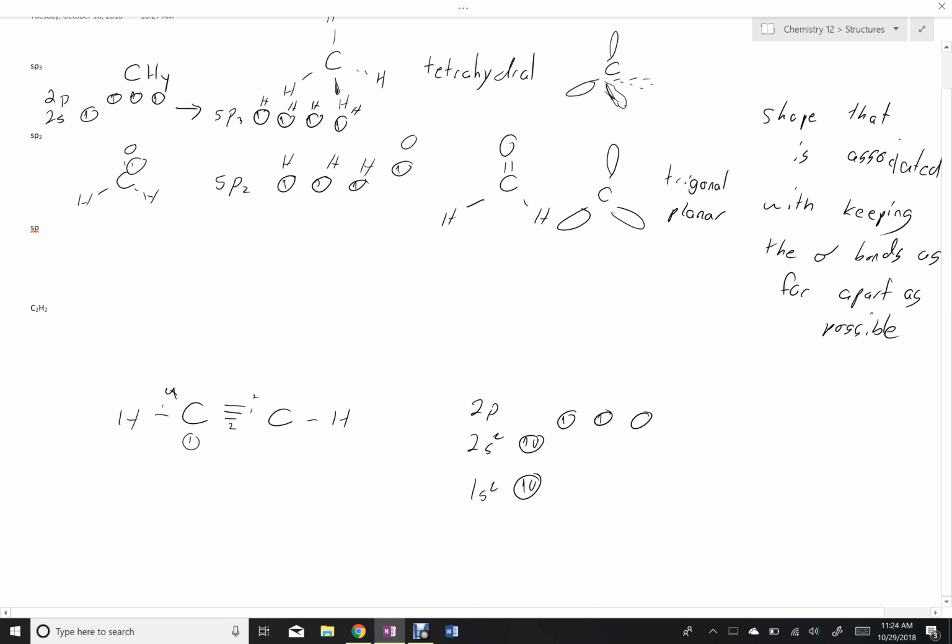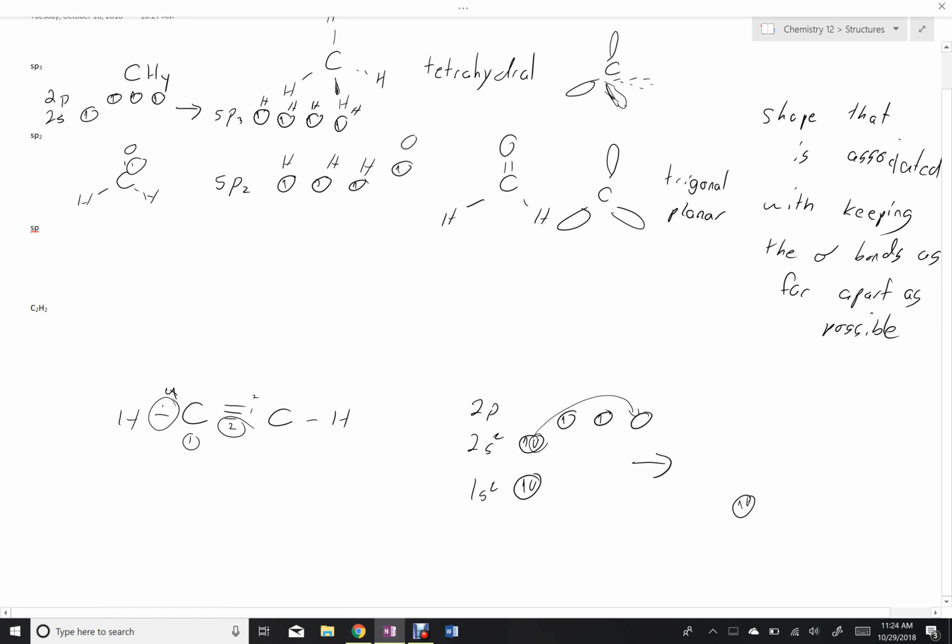So to make that possible, we're going to promote one of these electrons, and then we're going to hybridize 2 of the orbitals, making 2 of our sigma bonds, leaving the other 2 available as pi bonds so that we can create the second and then third bond associated with that triple bond.